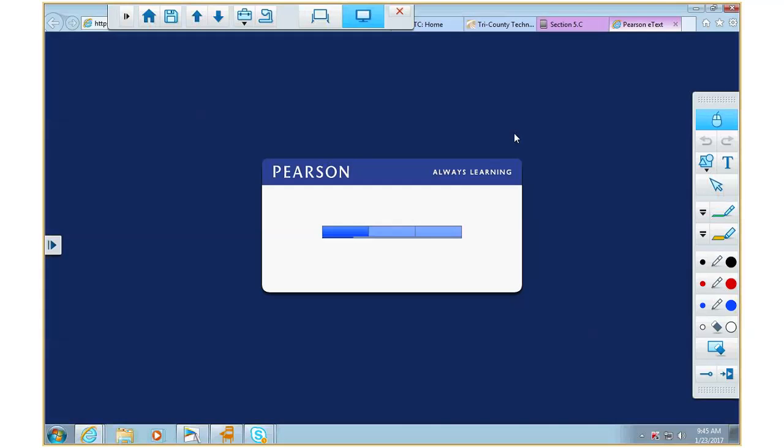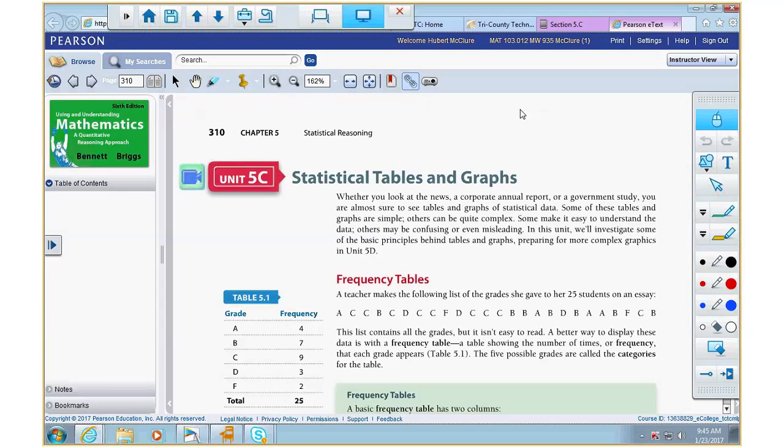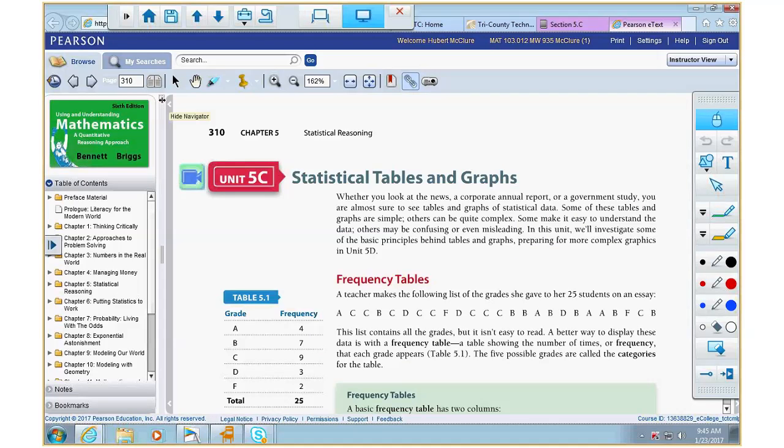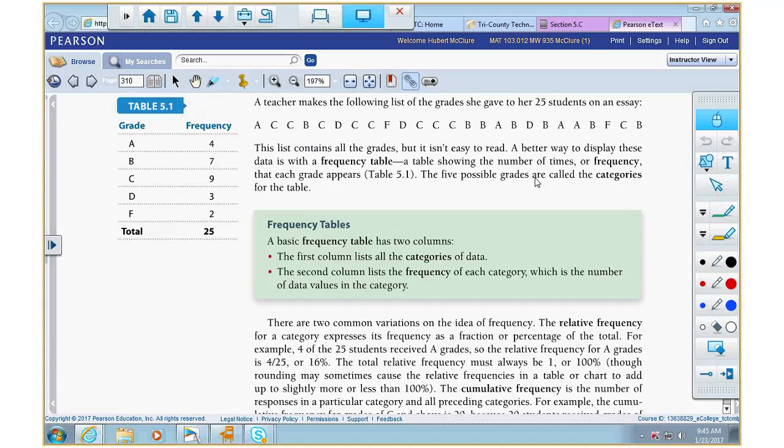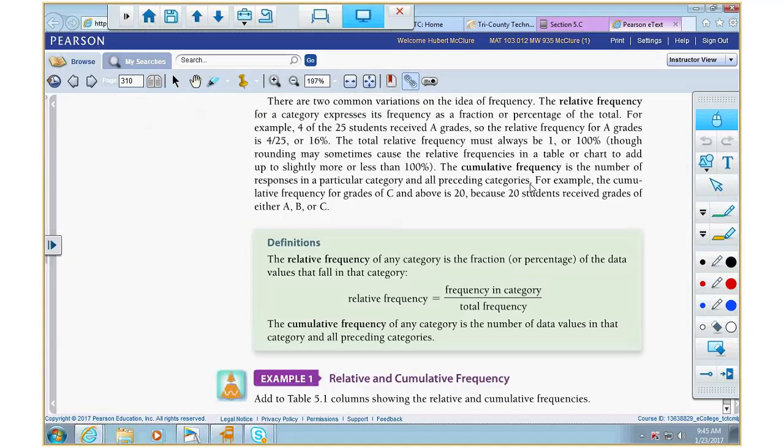So that's the second time I've told y'all that y'all should be reading and working on problems in chapter 5, right? I think that's the second or third time I've said that. Frequency distributions, we've already started on that. Make sure you know what a frequency distribution is. Make sure you know what relative frequency is, and that's the number in the category over the total.